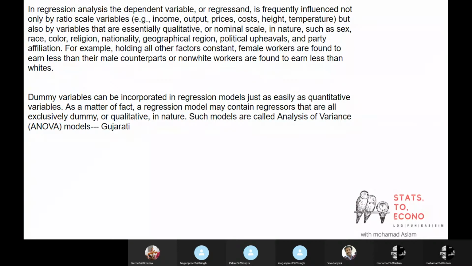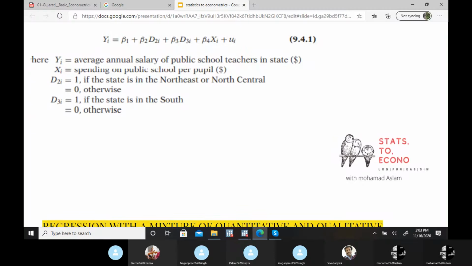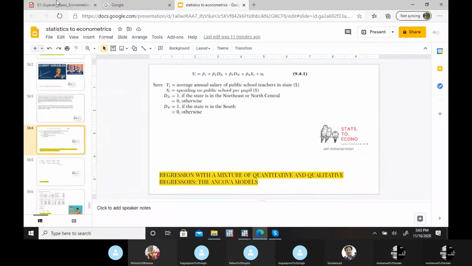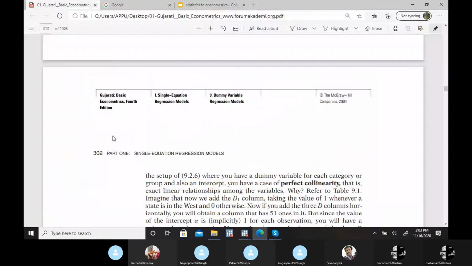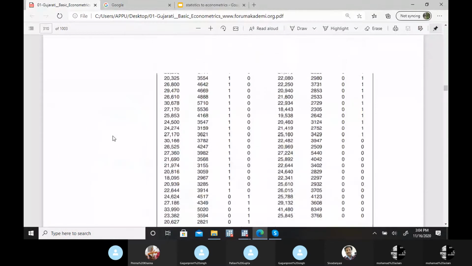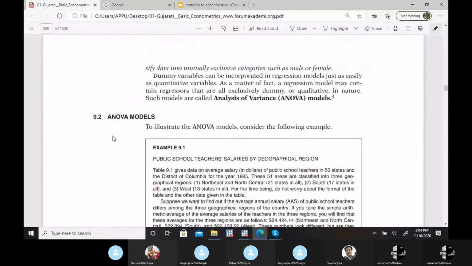Then we say dummy variables in regression models. Let's take the first example from Gujarati itself. I shared this data set with you, so we will do it with data.